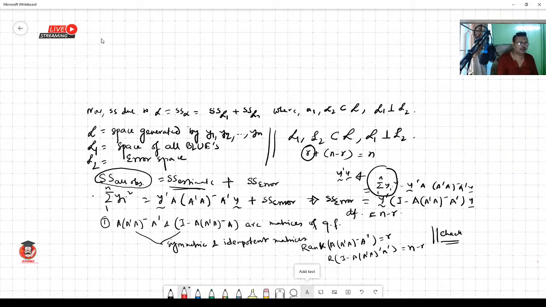So next part is testing of linearity of parametric function.